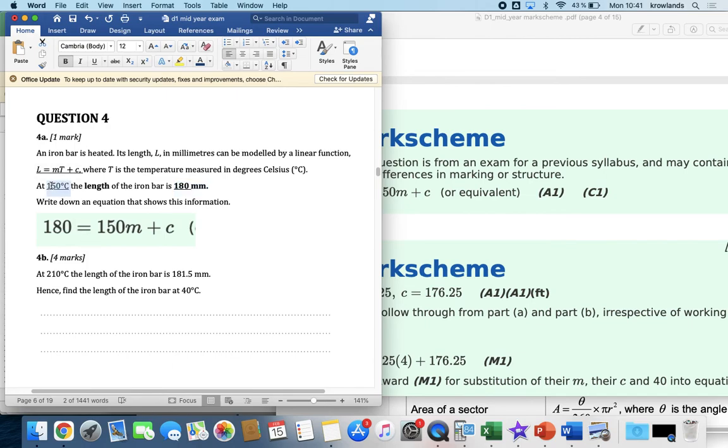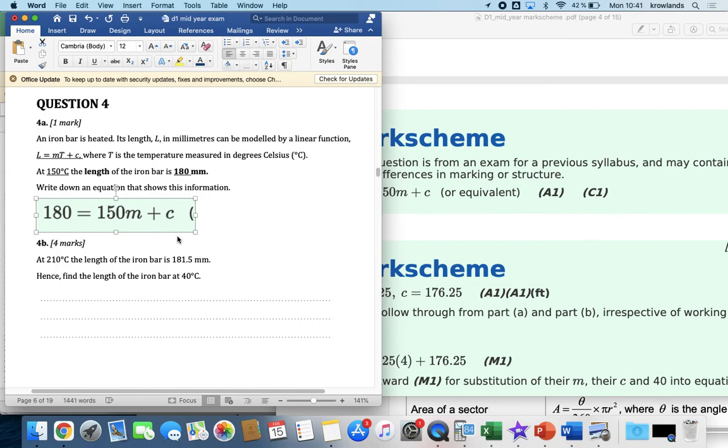The temperature is T, so therefore you substitute it in for this capital T, which is why we get 150 instead of the T. And the reason why we swap them round is because this should be 150m and numbers always go before the algebraic letters.